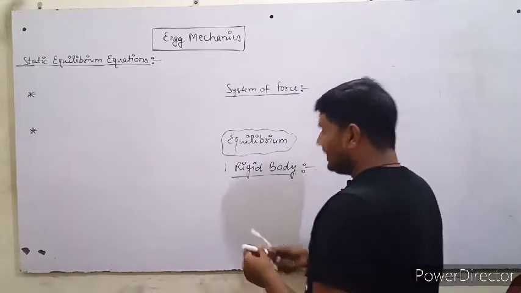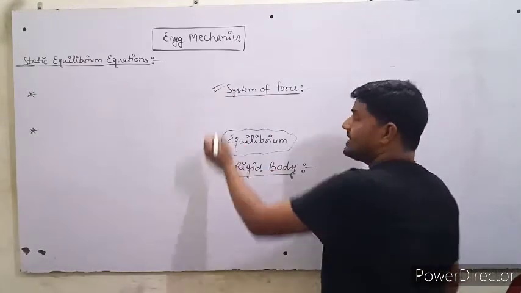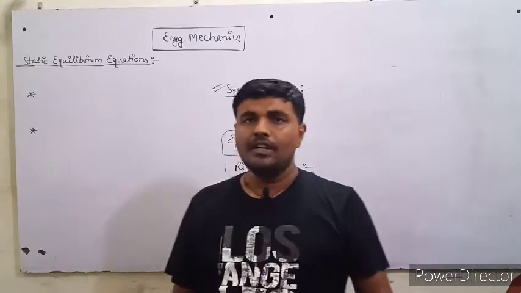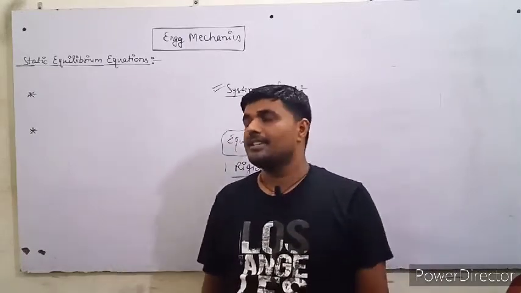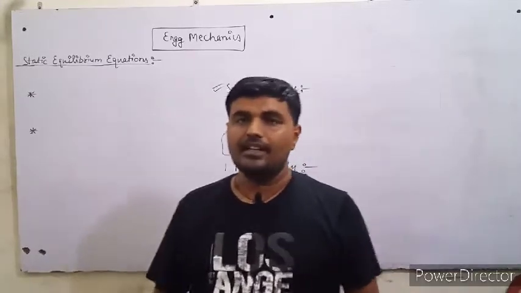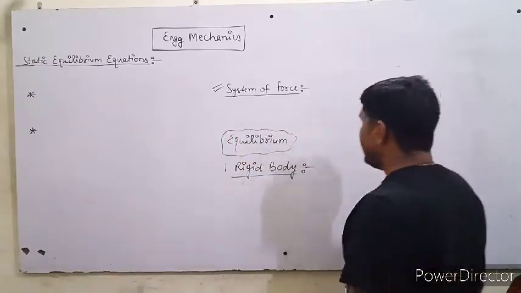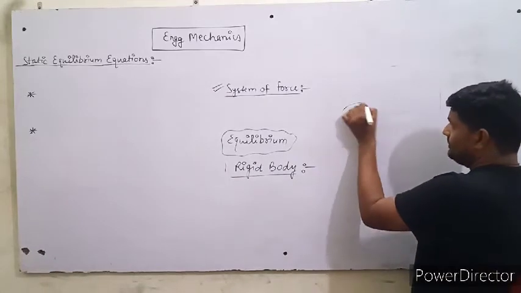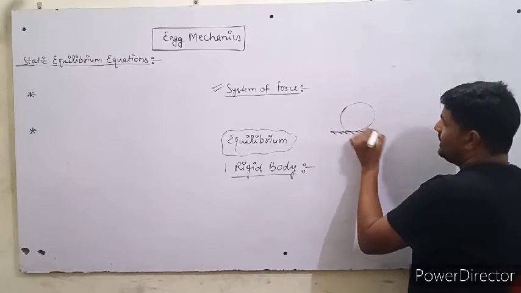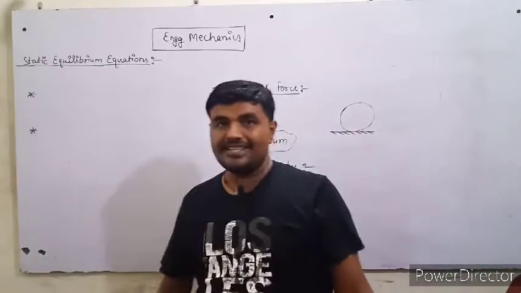So second term here comes, that is system of force. System of force means when a body is subjected to two or more than two forces, then we will say, okay, a system of force is acting on a body. Suppose I have a ruler rest on a horizontal surface.